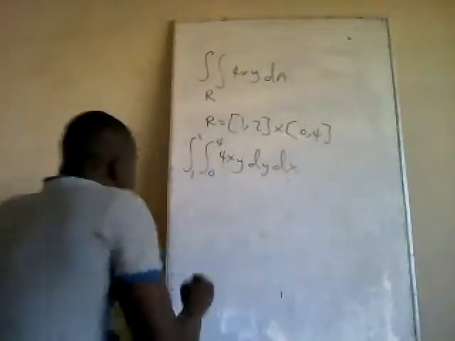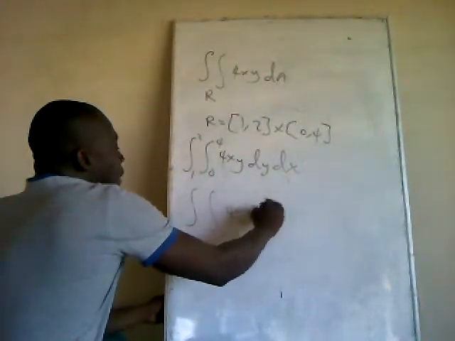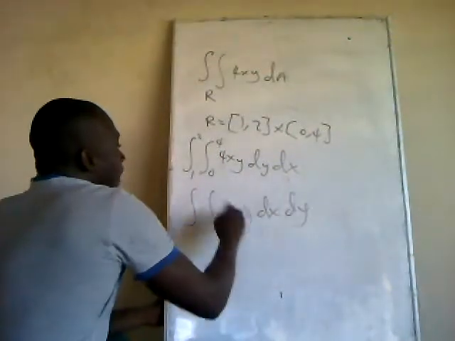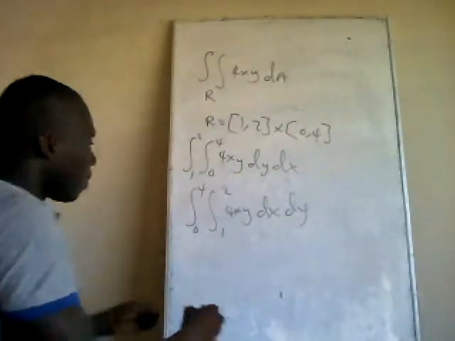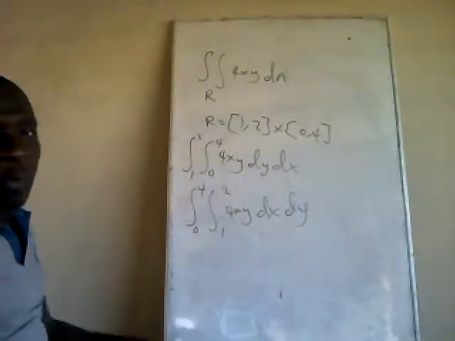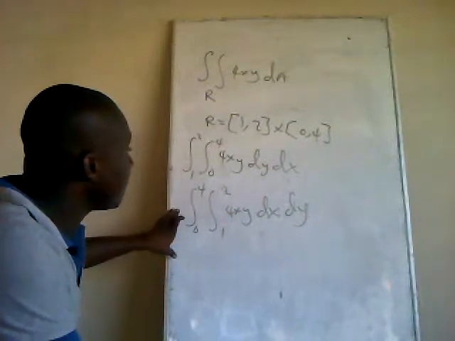It's the same as integrating 4xy if I decide to do with respect to x and then y, 1 to 2, 0 to 4. That's what Fubini says. So either this or this will give us the same answer.